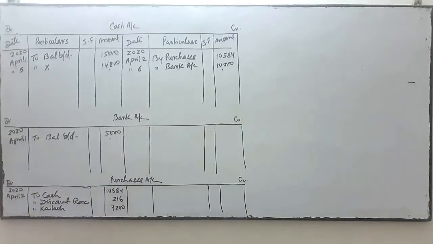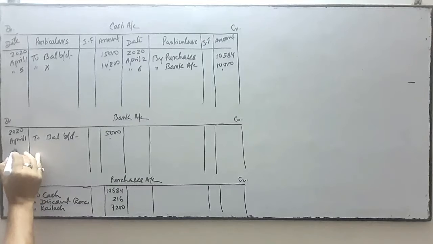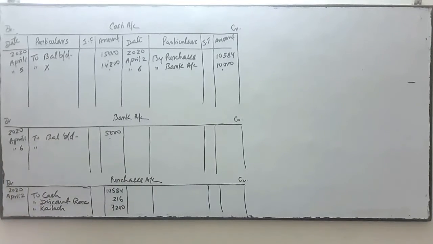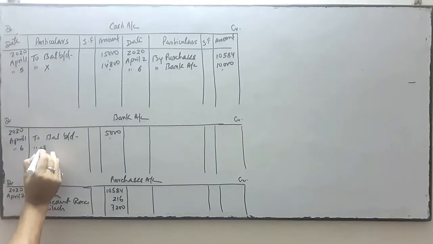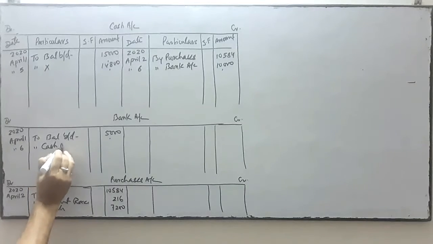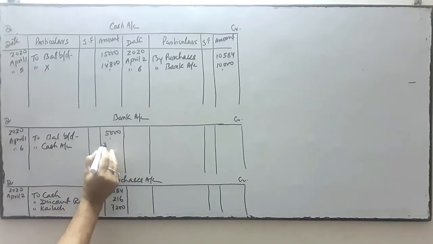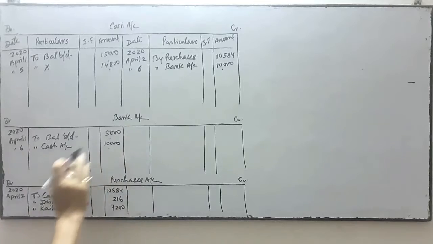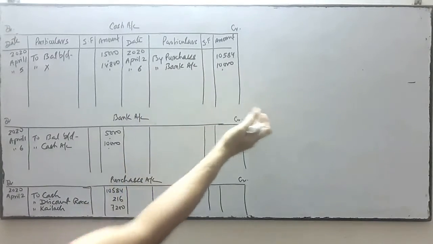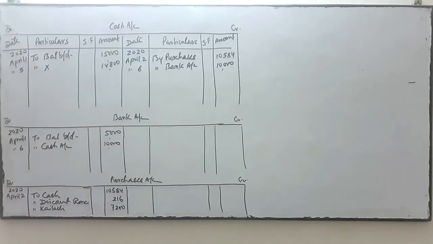In the ledger of bank, in the same transaction, bank account is debit, so we write on the debit side, to cash account, 10,000. This posting is done on the credit side of the cash ledger and the debit side of the bank ledger.